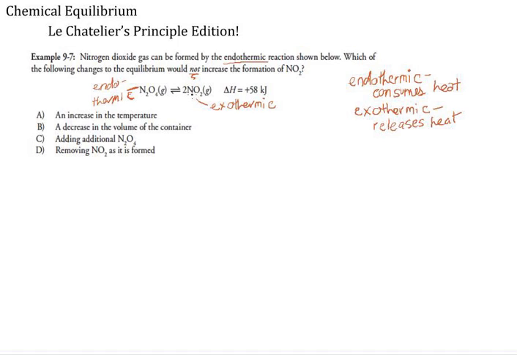Okay, well, if we increase the temperature, if we increase the amount of heat over here, what's going to happen on this side? Well, guess what? We're going to have a decrease in temperature. And because this is on some level an exothermic reaction, that would mean, that's right, you guessed it, creating more of this.